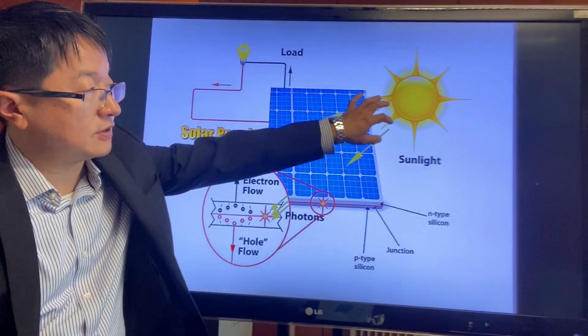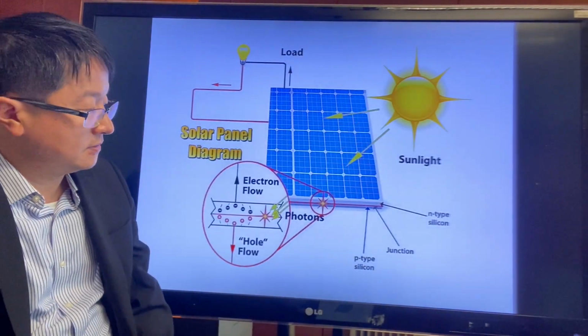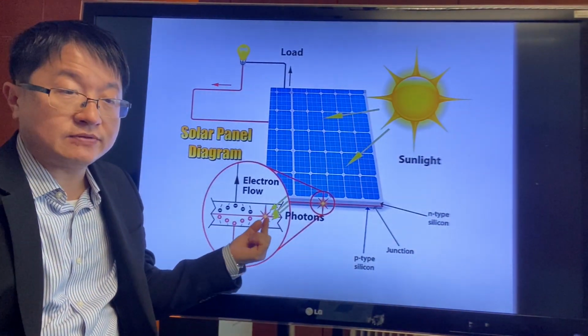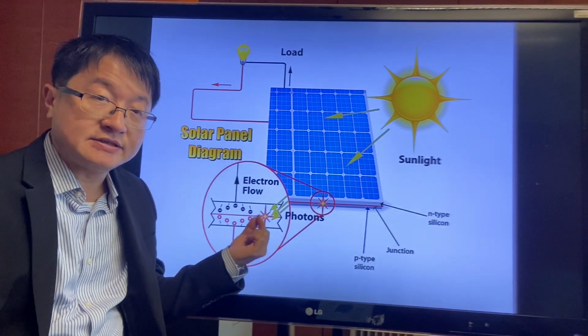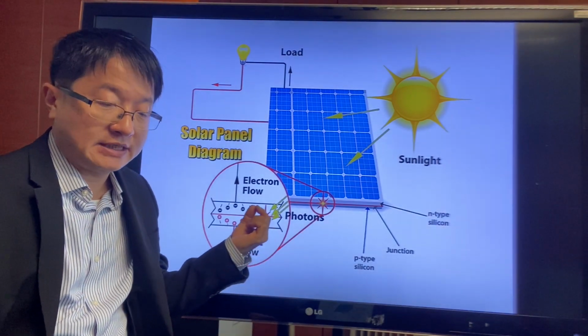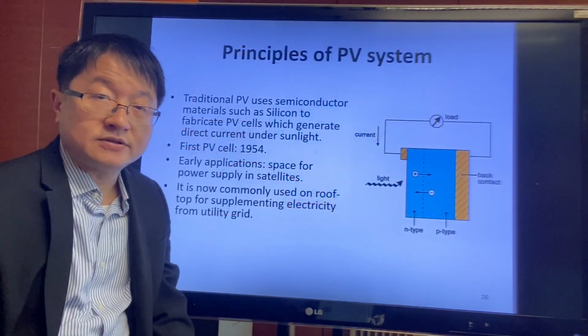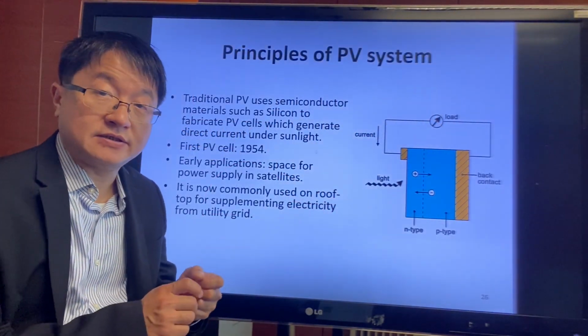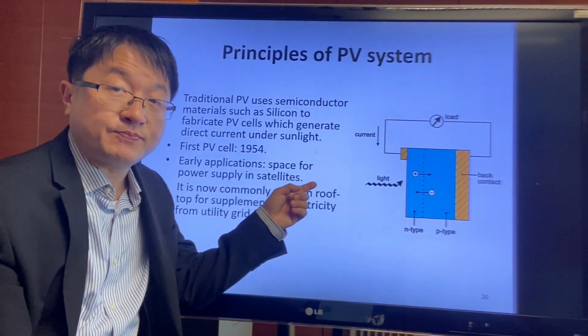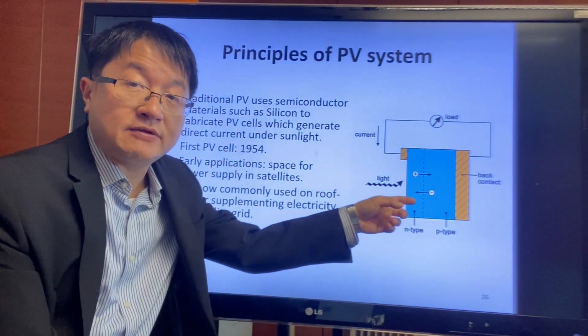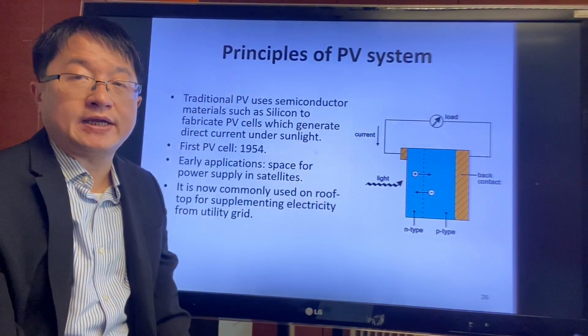So when the sun photon hits on the solar panel, the photon energy will then energize the electrons in this semiconductor. So just like playing snooker, when the white ball hits on the red ball, then the red ball will move away.